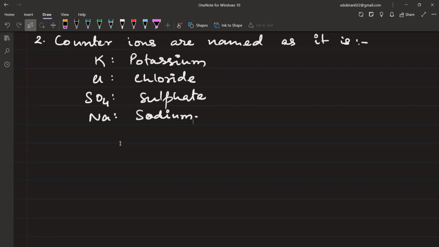Now comes the part that is naming of coordination entity. Please write. Third rule, naming of coordination entity or complex.